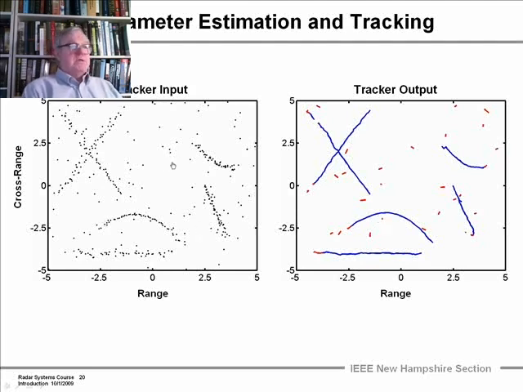Some of these, like these two little targets in red, are what we'd call tentative tracks. They didn't make it to the big time, where it's a solid track and goes on your display. There'll be a threshold in your tracker process: it didn't have enough scans in a row in which you saw it to really call it a track from an actual physical object. So you want the false track output to be low.